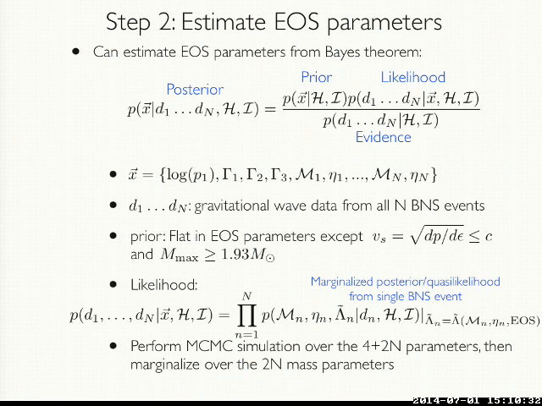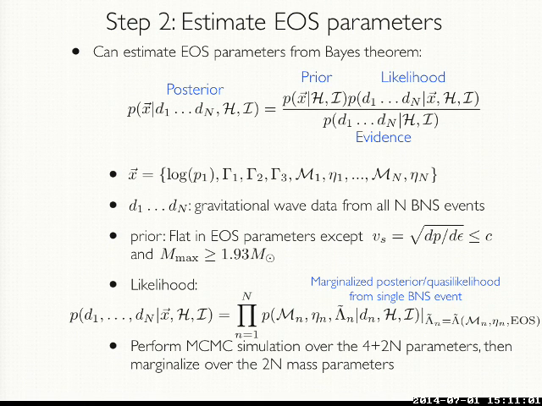And then the next part is, given our estimates of the masses and the tidal parameter, we want to find the equation of state parameters. So again, you use Bayes' theorem to estimate your parameters. In this case, they'll be our equation of state parameters, which are P1 and the adiabatic indices, and then the masses for each of our n systems.